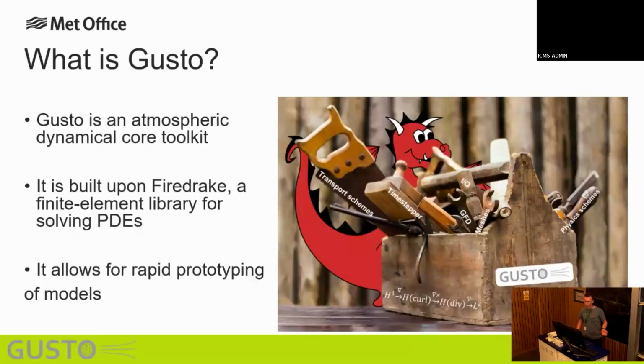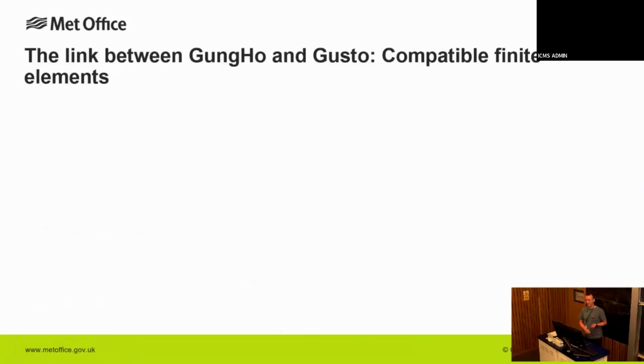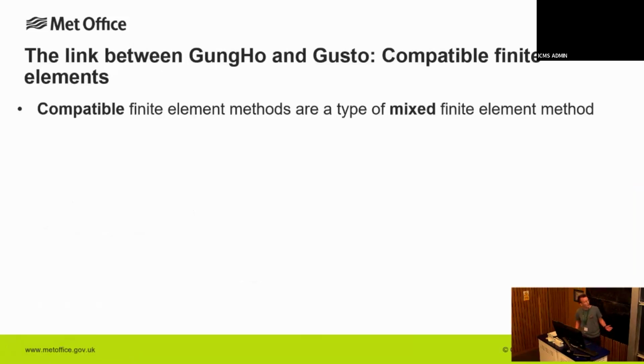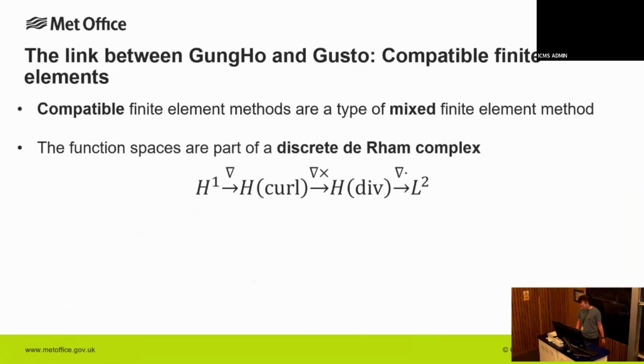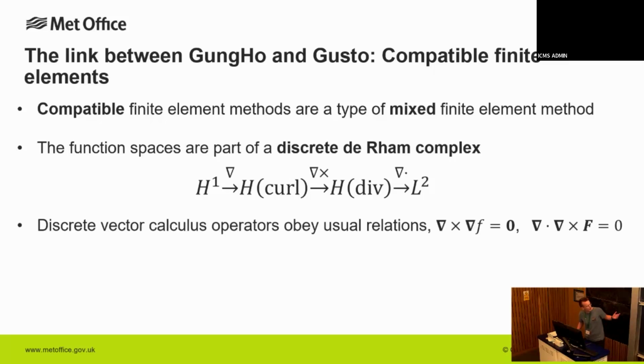So it's all compatible finite elements. So it sets up your different function spaces automatically if you just give it one. Okay. So the link between Gung Ho and Gusto, apart from the fact that the names are very similar, is compatible finite elements. So it's essentially a type of mixed finite element method, and function spaces are part of the discrete de Rham complex. So you've got H1, H(curl), H(div), and L2. So your scalar is L2, and essentially it obeys discrete vector calculus relations.